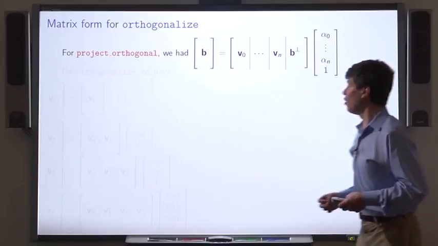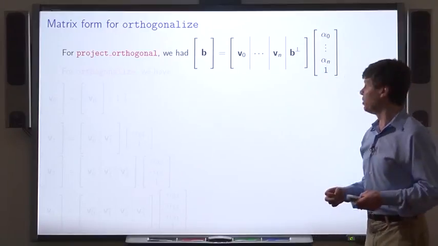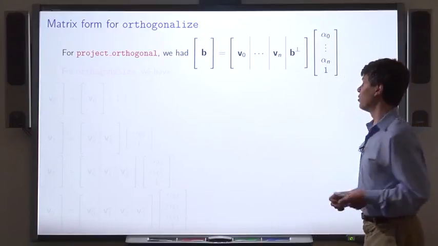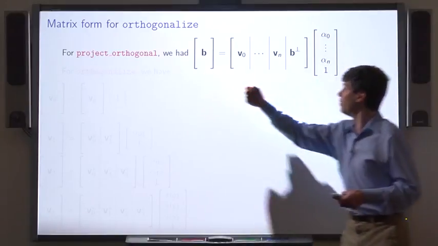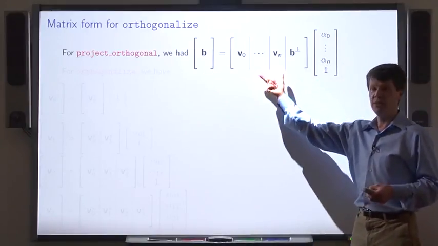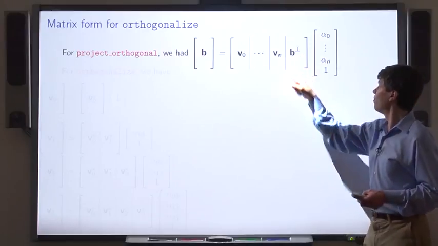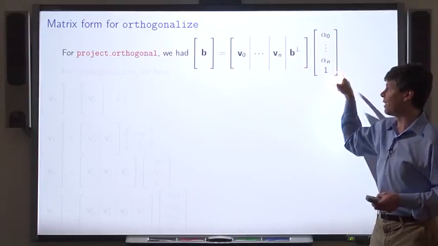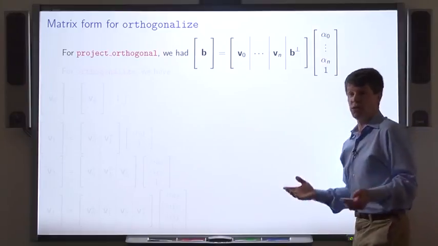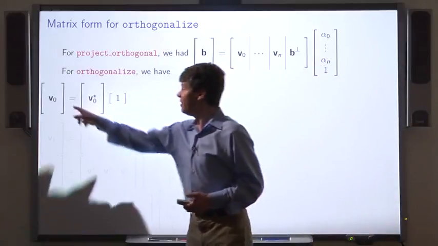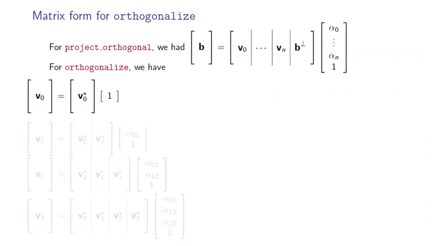Now, for project orthogonal, we were able to express the result using this matrix equation. The vector B is the product of this matrix, columns V0 through Vn and B perpendicular, times this column vector. For orthogonalize, we have the following equations. V0 is just V0 star times 1.